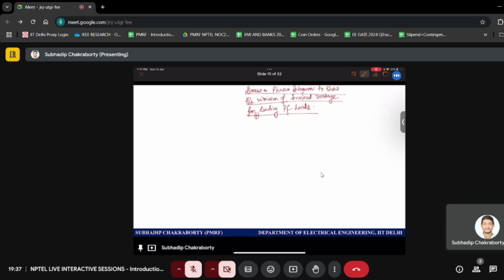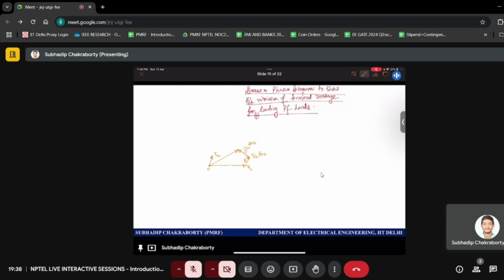Let's draw for leading power factor. Similarly, we have V2. But now the leading power factor, right? So let's say this is I2, this is I2 RE2, and then we have JI2 XE2, which is 90 degree, right?